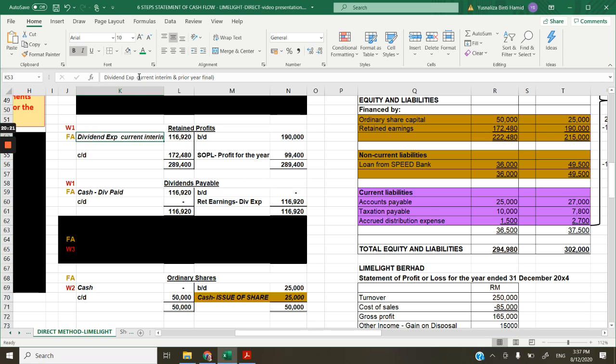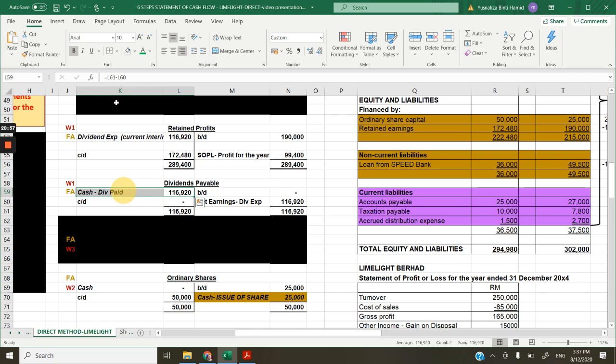In this question, nothing is informed, but we will assume that this is the dividend expense, not dividend paid yet. So then I post that to the dividend payable account. There is no dividend payable here in the current liabilities, I'm just checking if there are any balances given here. There are no balances given. So whatever dividends were derived from the retained profit is actually the dividend that you paid.